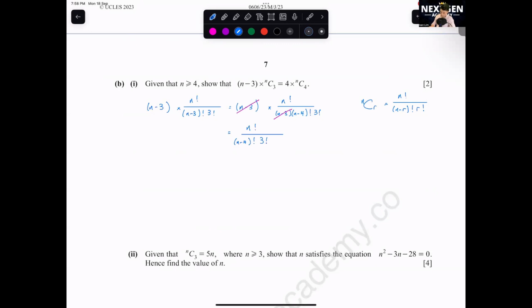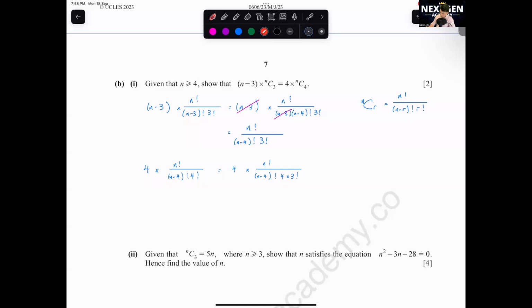Okay, the next one, this will be 4 times n factorial over (n minus 4) factorial, 4 factorial. Can I make it the same as the above or not? Let's open it up. 4 times n factorial over (n minus 4) factorial. 4 factorial I write as 4 times 3 factorial because I want the 3 factorial to appear.